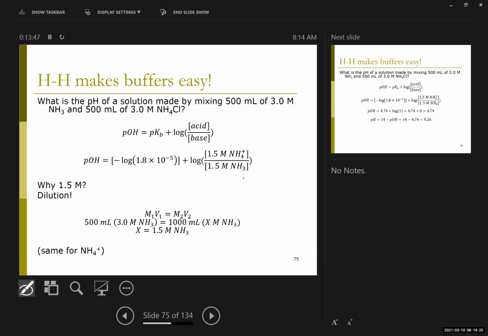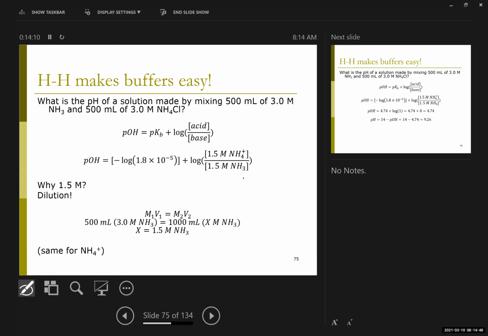And again, because I have recognized it as a buffer, and because I've chosen to go Henderson-Hasselbalch, I am using the initial concentrations of the acid and base, not because the initial concentrations are correct.